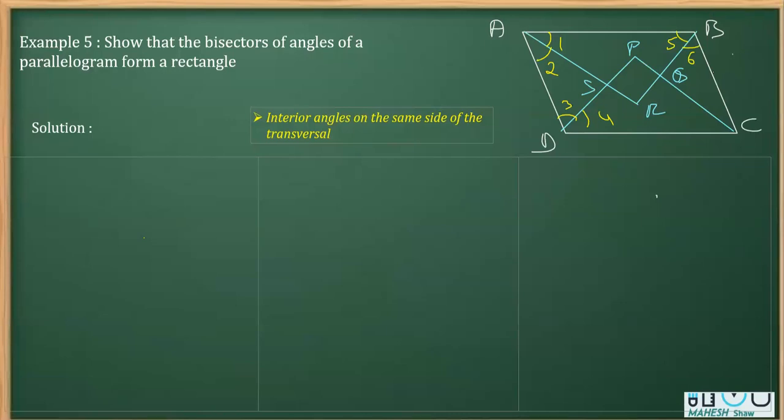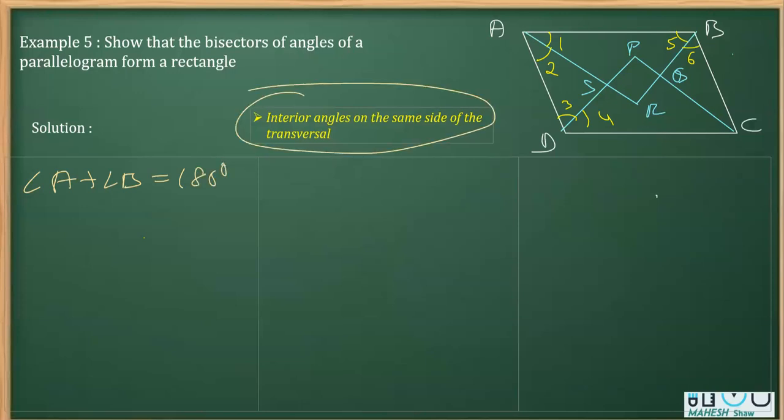What you will do here, first we will consider angle A plus angle B. So we have angle A plus angle B is equal to 180 degrees. And the reason is this: interior angles on the same side of the transversal. Further, as I can see, angle 1 and angle 2 are equal, and this is half of angle A. So I can replace angle A as twice angle 1.